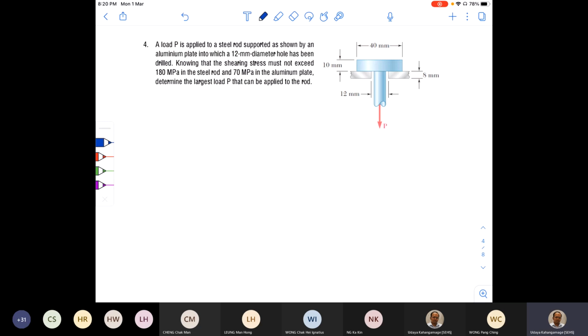There's a steel rod, and load P is applied to the steel rod. So the blue part here is steel, and the bottom part is aluminium.